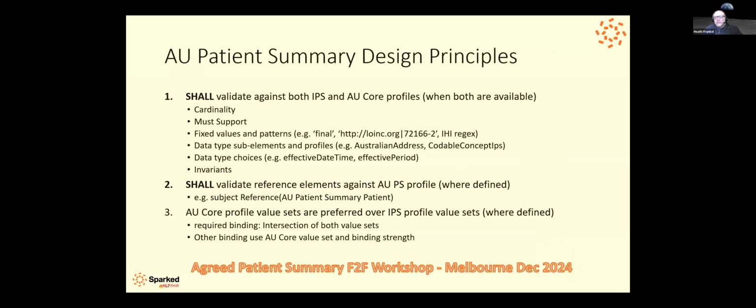As we know, we agreed on some design principles for patient summary back in December last year in Melbourne, which are these 3 principles, but the main one that I wanted to point out was number 1, which is that we wanted to basically make sure that our AU patient summary profiles validate against both IPS and AU Core profiles.